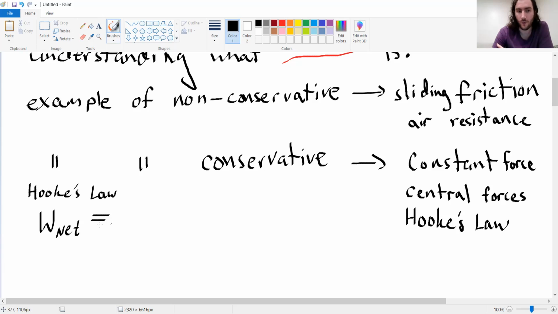And so when we calculate the net work, we got this negative 1/2 K times delta X squared. But the change in potential energy is positive 1/2 K times delta X squared.